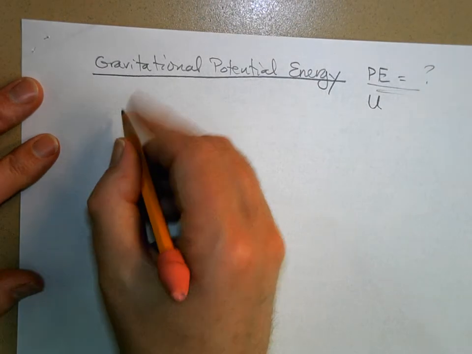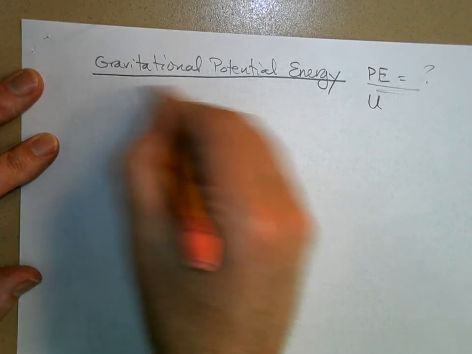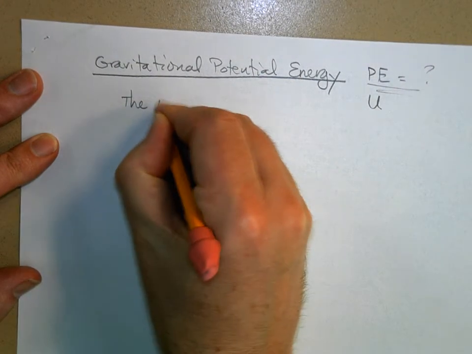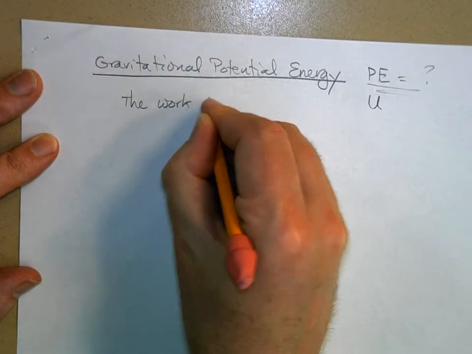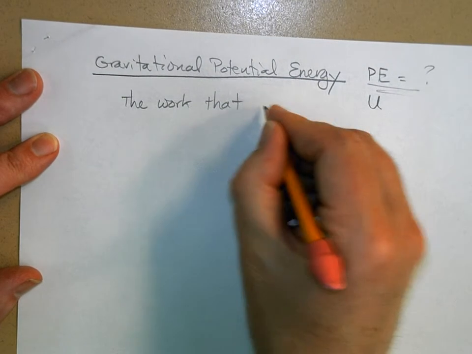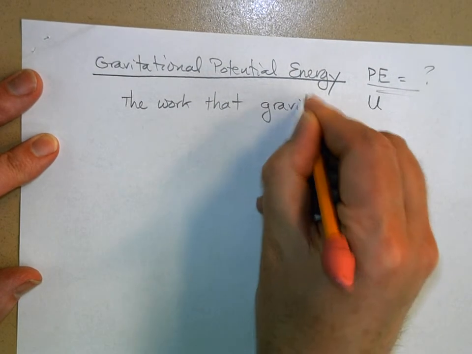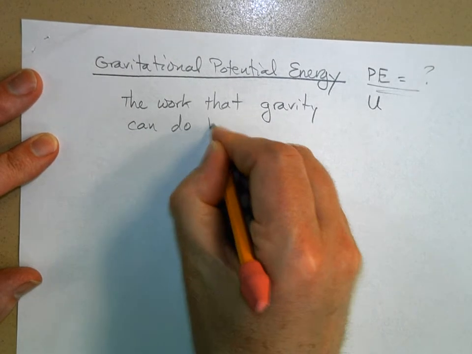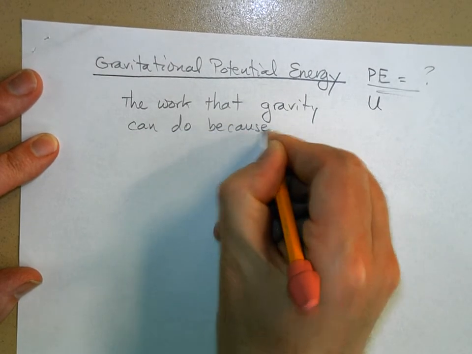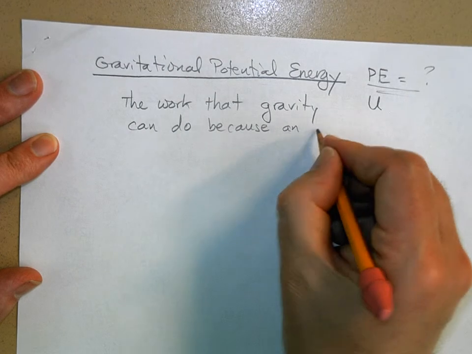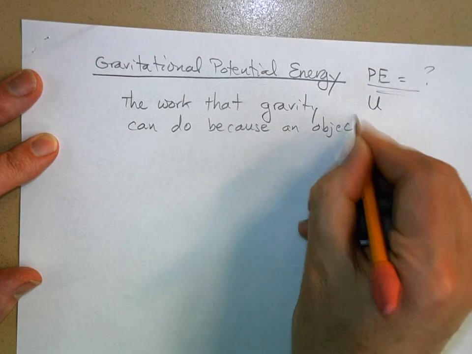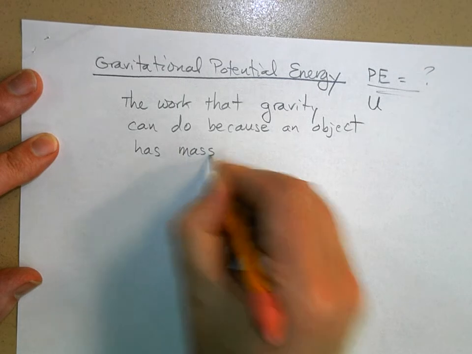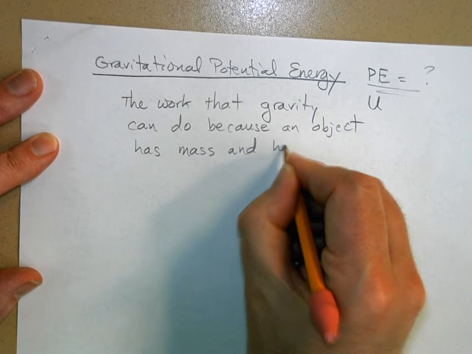Now, what is gravitational potential energy? It's the work that gravity can do because an object has mass and height.